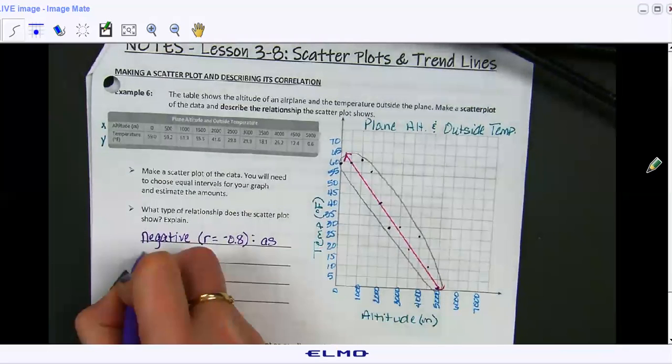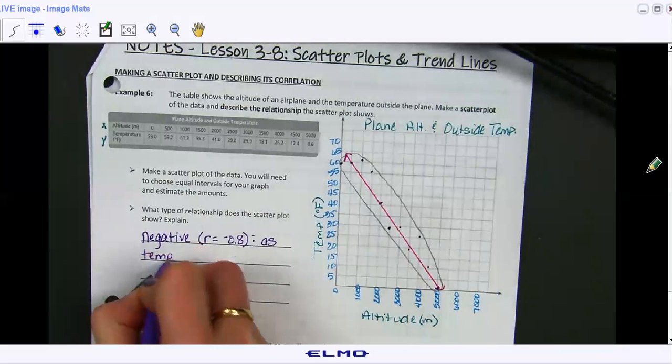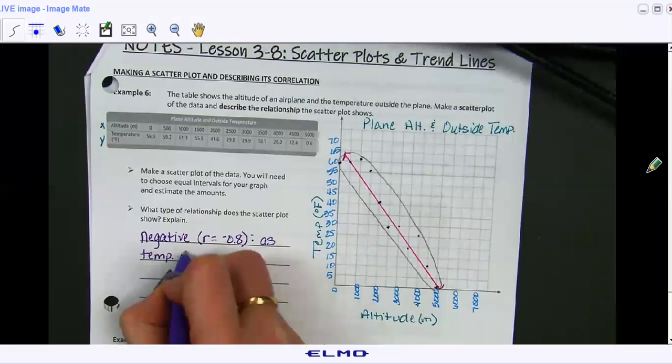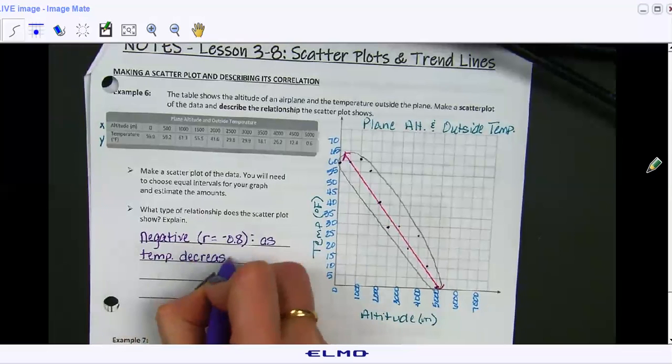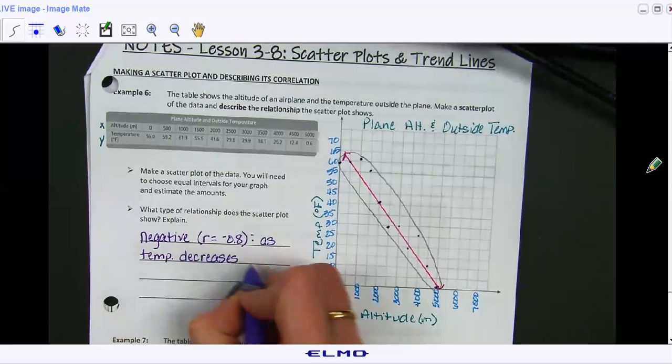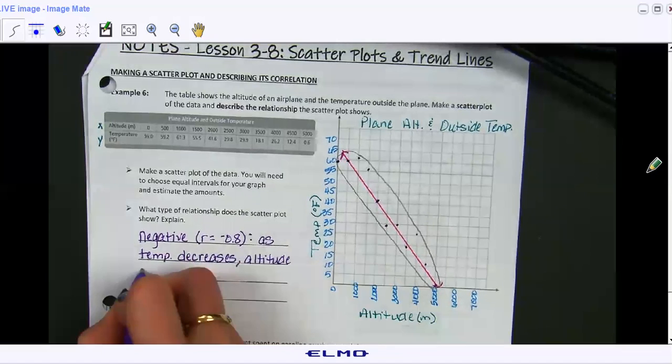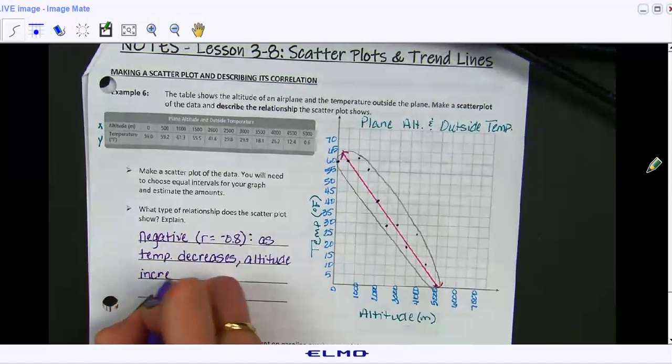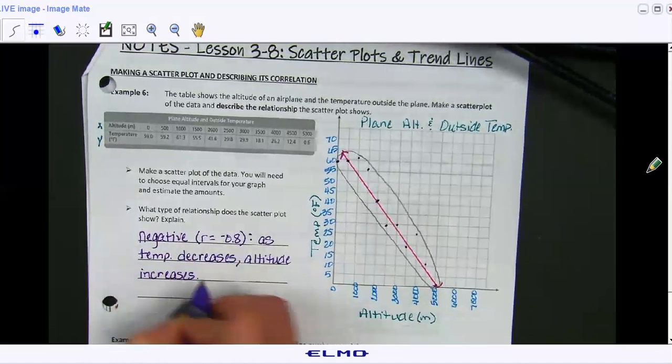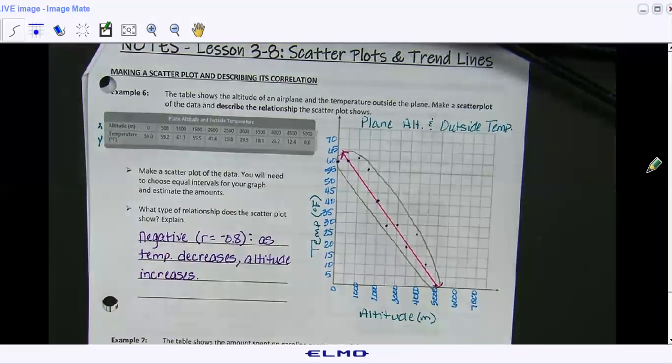As temperature decreases, altitude increases. Okay, is there a causal relationship?